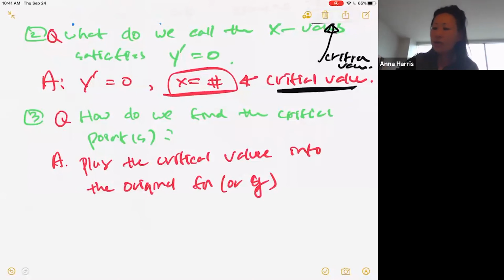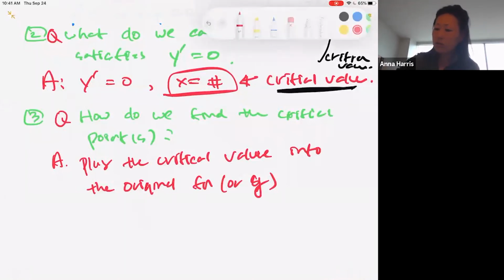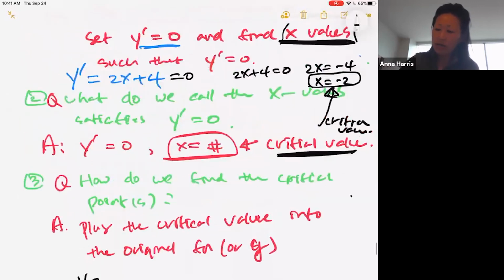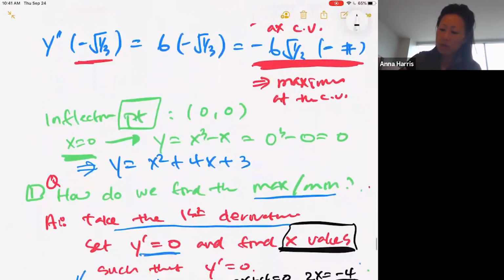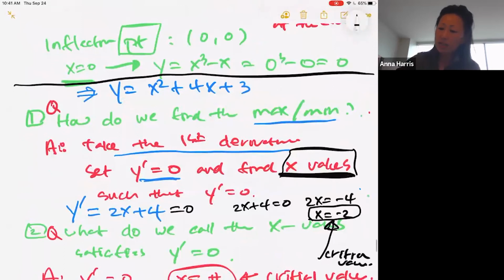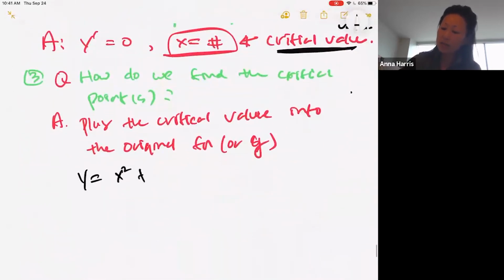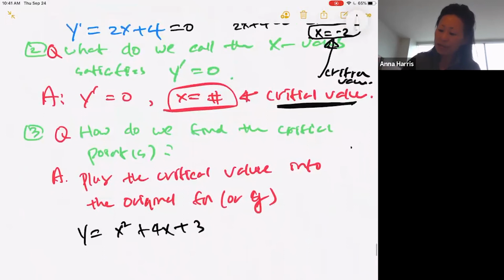All right, so what does that mean? So what was my y equal to? y is equal to x squared plus 4x plus 3. So I'm going to plug in x equal to -2.